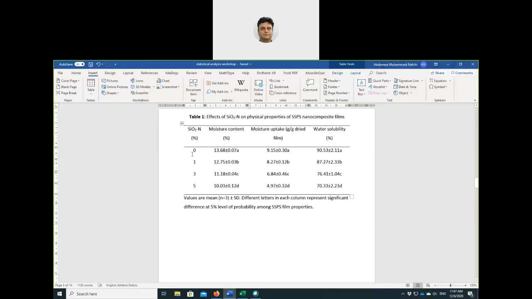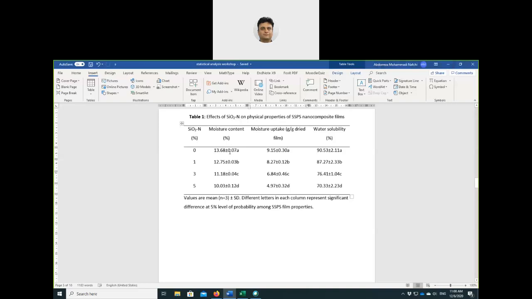If you have different types of variables, for example, the effect of SiO2 nanoparticle on physical properties, and instead of SiO2 alone you use SiO2 and one essential oil, two different types of independent variable, it is better to report the standard error of mean, SE, instead of the standard deviation.